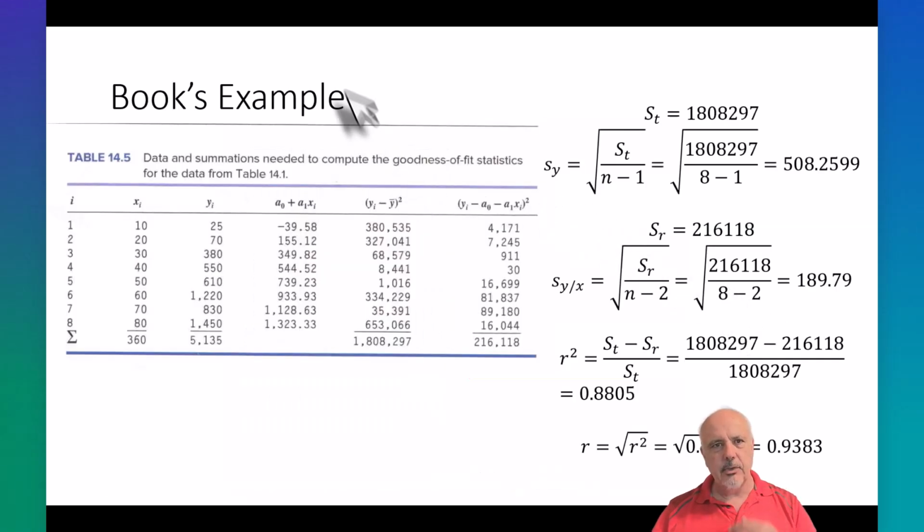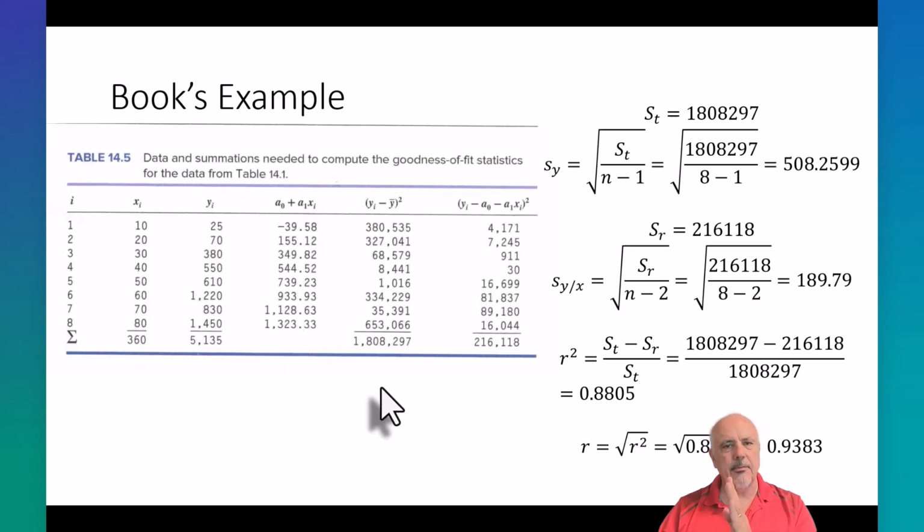Okay, let's see how we do for this data. What I did is I created some other columns that go with the x, y data. I created a column that represents the y value of the line fit, and that's going to be a0 plus a1 times the individual x sub i's. So this is the fitted data.